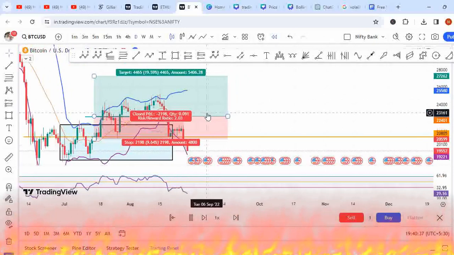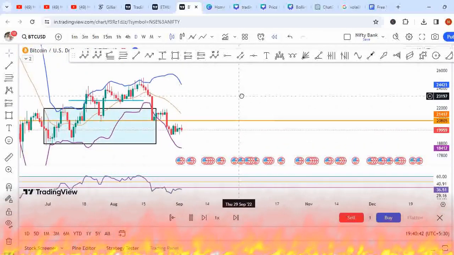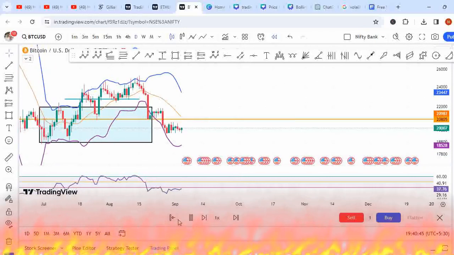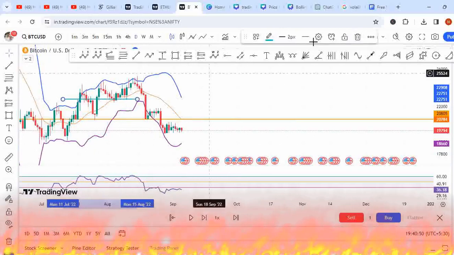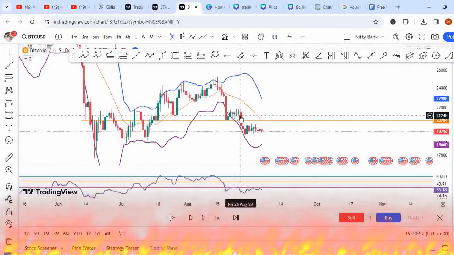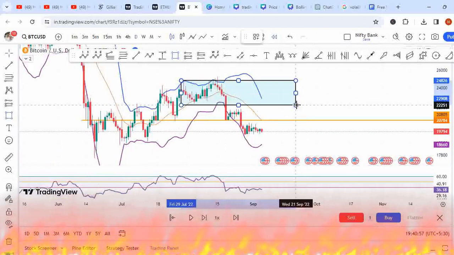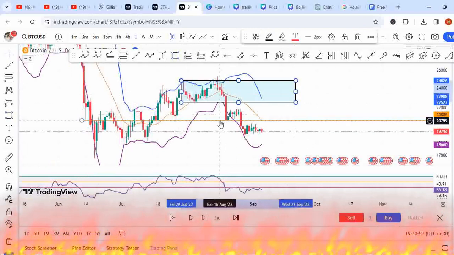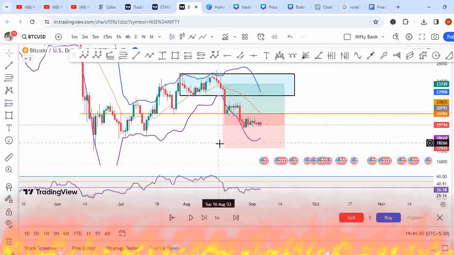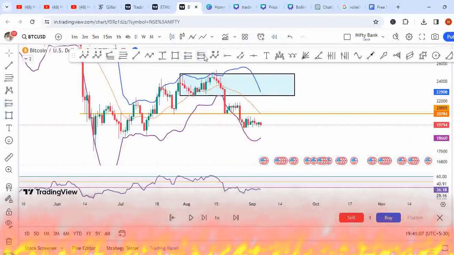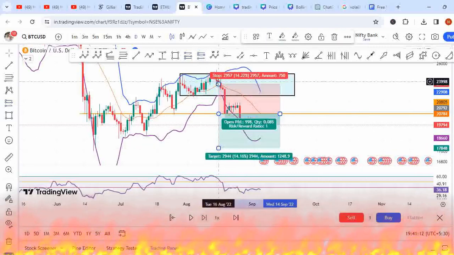You have hit your stop loss here. No problem. Here again, you can enter into the trade. Here, somewhat of a squeeze of the Bollinger Band. Certainly, this is broken. Now you can enter into the trade for the short.